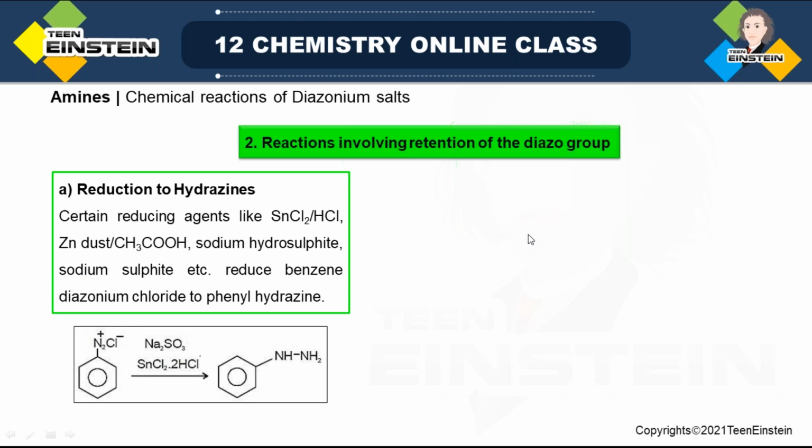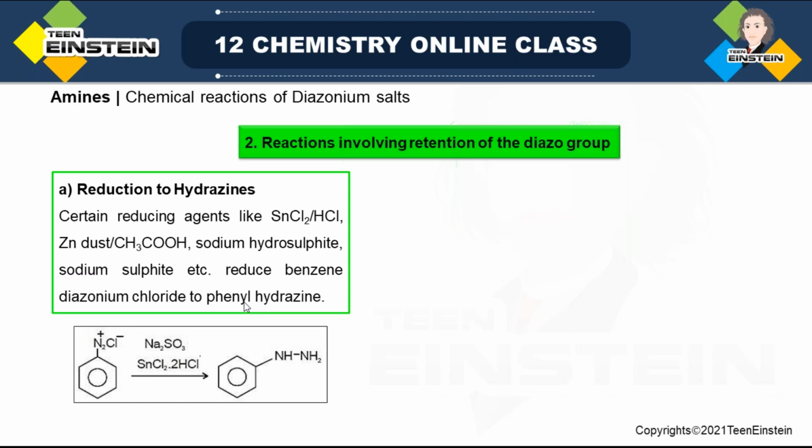Still there will be some reactions in the other part of the molecule. But remember, two nitrogens will be there. They will not be removed in the form of nitrogen. In all the previous reactions you have seen, N2 gas, the diatomic nitrogen gas, is always produced as a byproduct. But now that will not be the case.